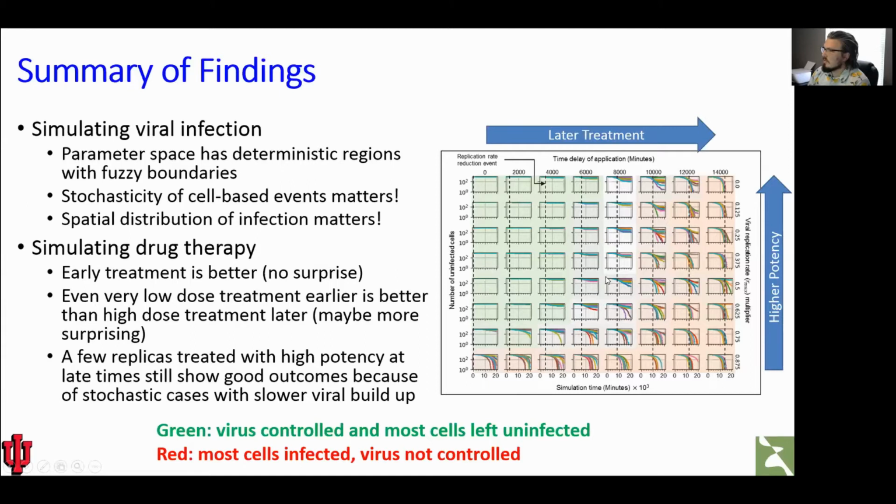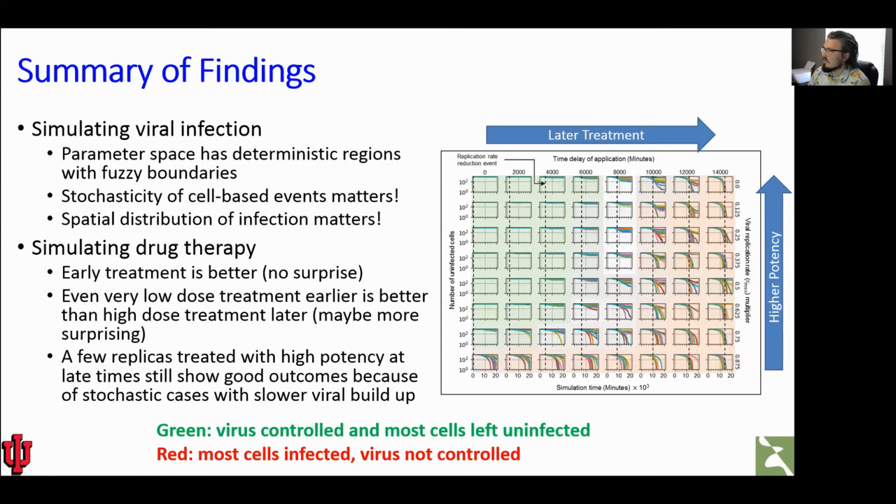Now, in the case of the previous slide with the 3 different simulation replicas, those were for this particular parameter set shown here. This is a drug therapy, a time of application of 10,000 minutes, and an absolute decrease in the replicating rate. And you can see that as you trace down, say, this column, we have lots of stochasticity, and even very clear bifurcations in some of these different parameter sets.